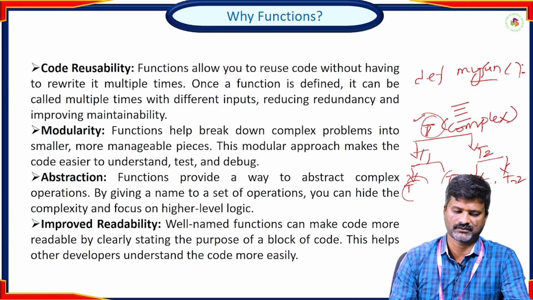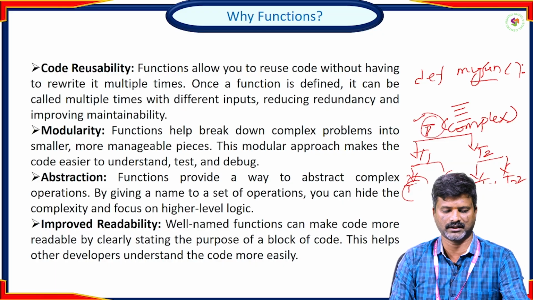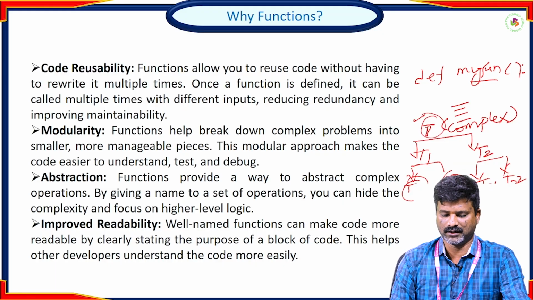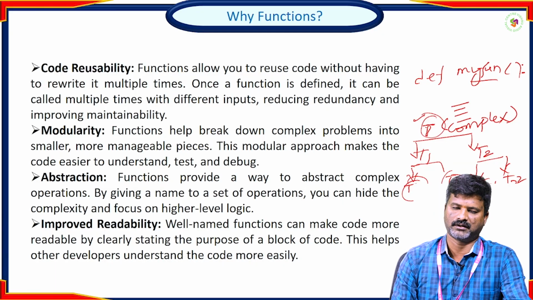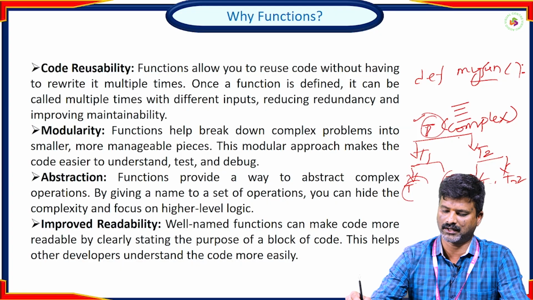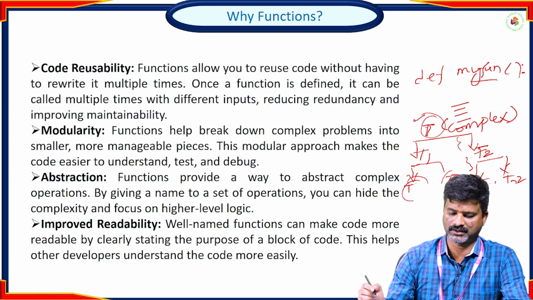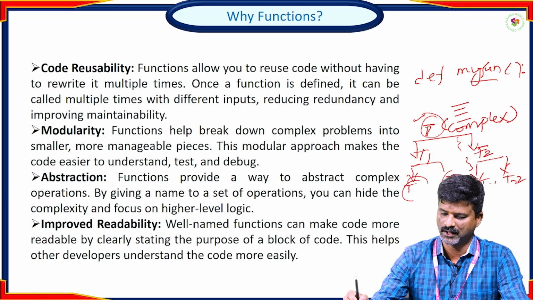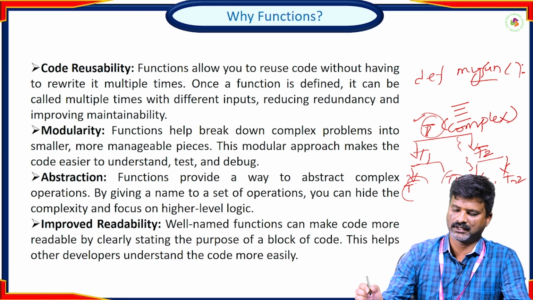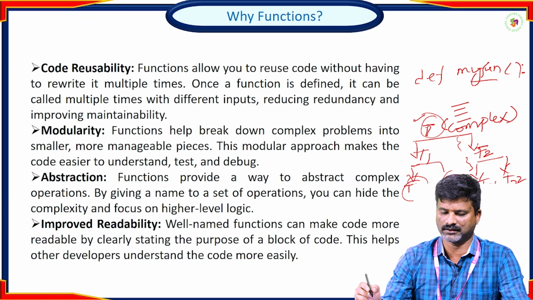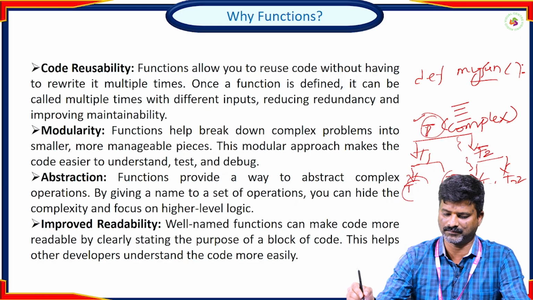Then coming to the next one, abstraction. Functions provide a way to abstract complex operations. When we perform some operations, those operations are hidden. Here we focus only on high level logic. We do not represent internal operations. Why?